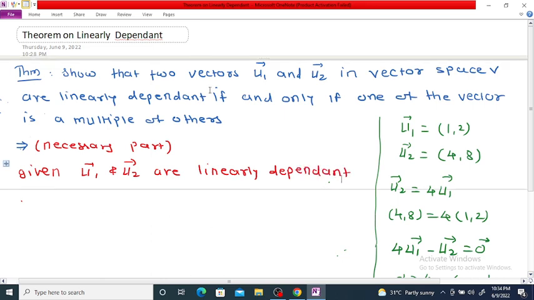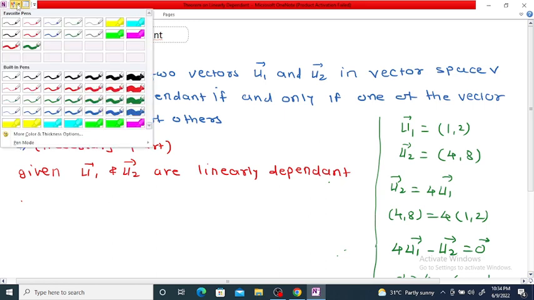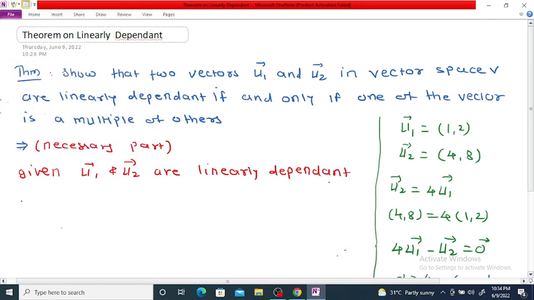And what is our claim here? We want to prove that the claim is one of the vectors is a multiple of the other.